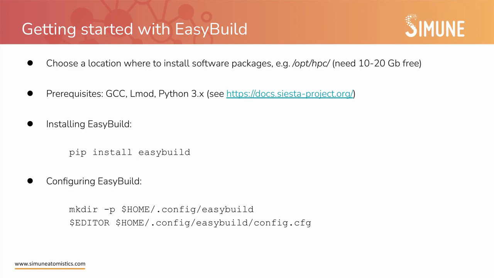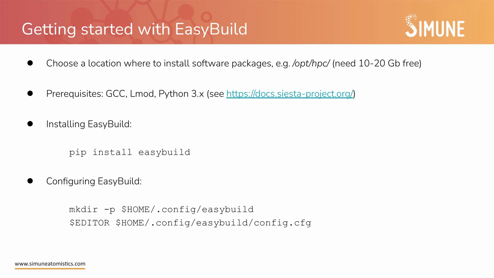You just pip install EasyBuild, either directly in your environment or better in a virtual environment, and then you configure it. The config file should be located in the .config/easybuild directory in your home, and you can use your preferred editor to edit the file.